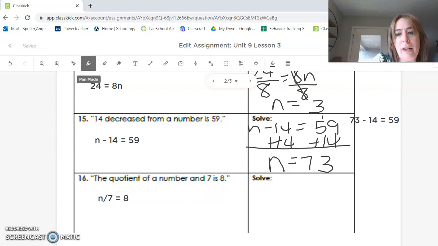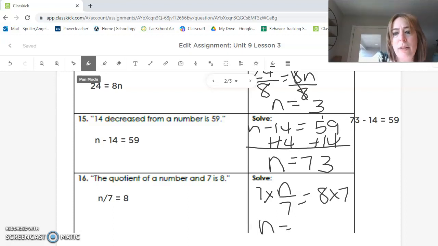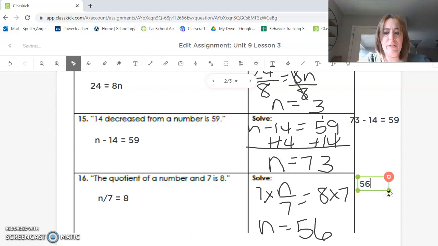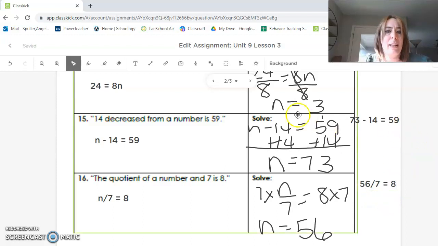So instead, I'm going to say 7 times n over 7 equals 8 times 7. n equals 56. So let me see. If I prove it, I should say 56 divided by 7 equals 8. Is that true? Yes, it is.